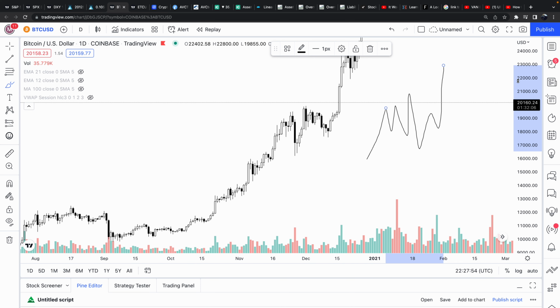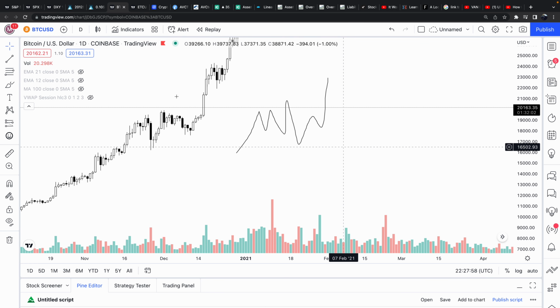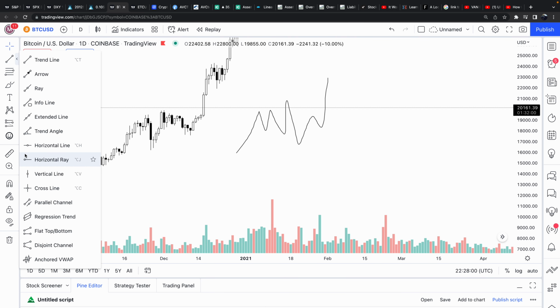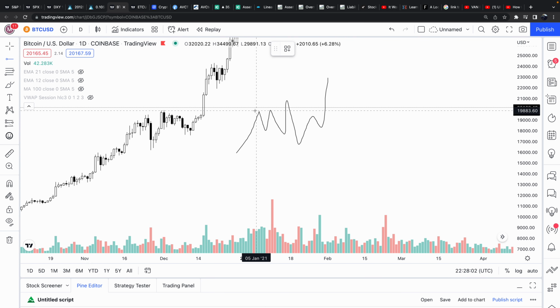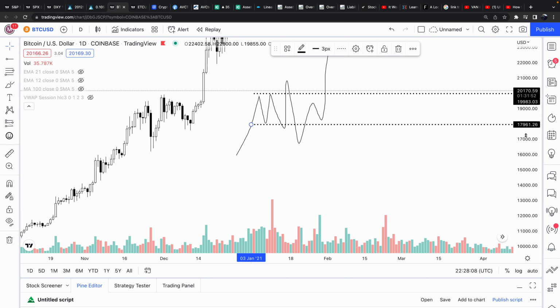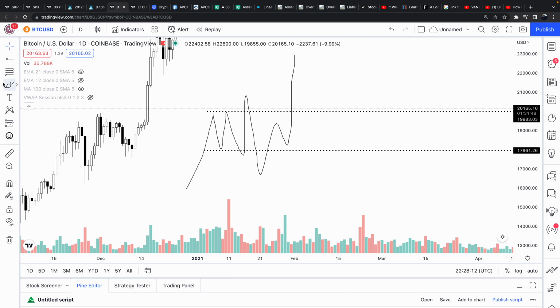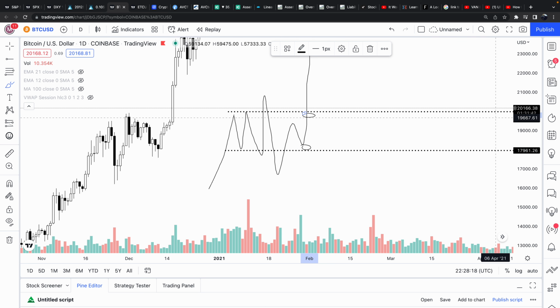And then it either breaks up or down from that range. But it doesn't matter right now if it breaks up or down, because what I'm interested in, as I mentioned in the last video, is asymmetric bets on the extremes of these ranges, right?